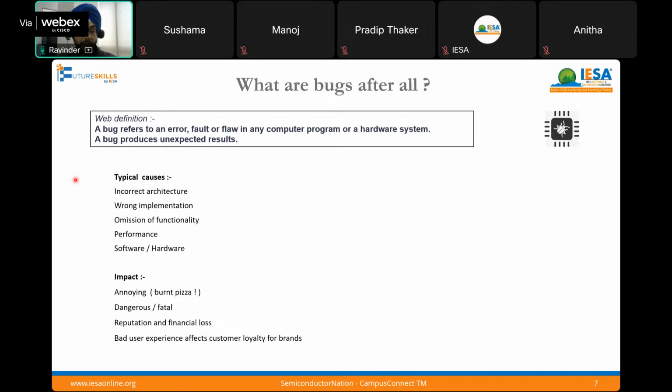A problem in surgical equipment could cause serious injuries, or even be fatal. And almost always it will cause a reputation or financial loss for the product companies, because if their products are out there and they're buggy, bad user experiences affect customer loyalty for brands.